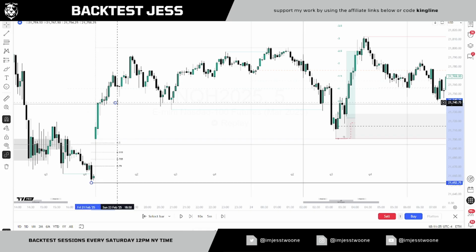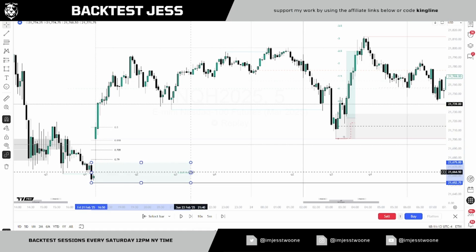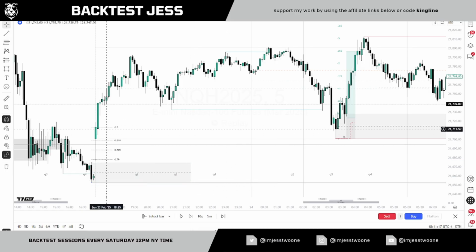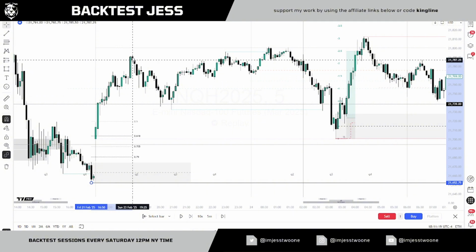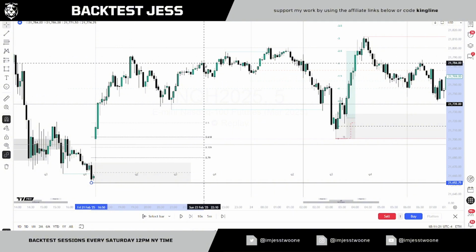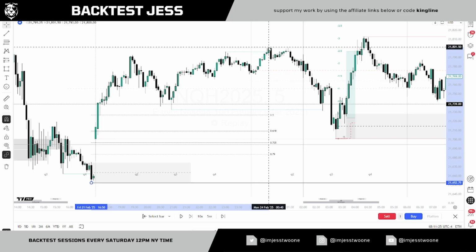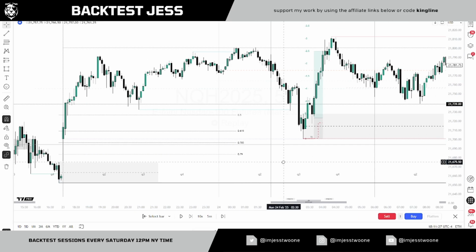Let's say we opened up, and let's just pretend this is a zone for the sake of the example. And as price prints, it goes higher and higher without returning to the zone or without returning to discount.